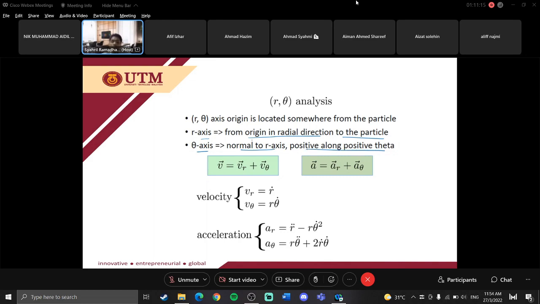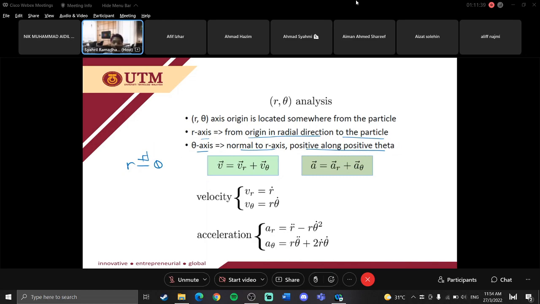What is meant by normal to the R axis is that R and theta are always perpendicular. N and T axes are always perpendicular, 90 degrees. X and Y axes are always perpendicular, which is 90 degrees.